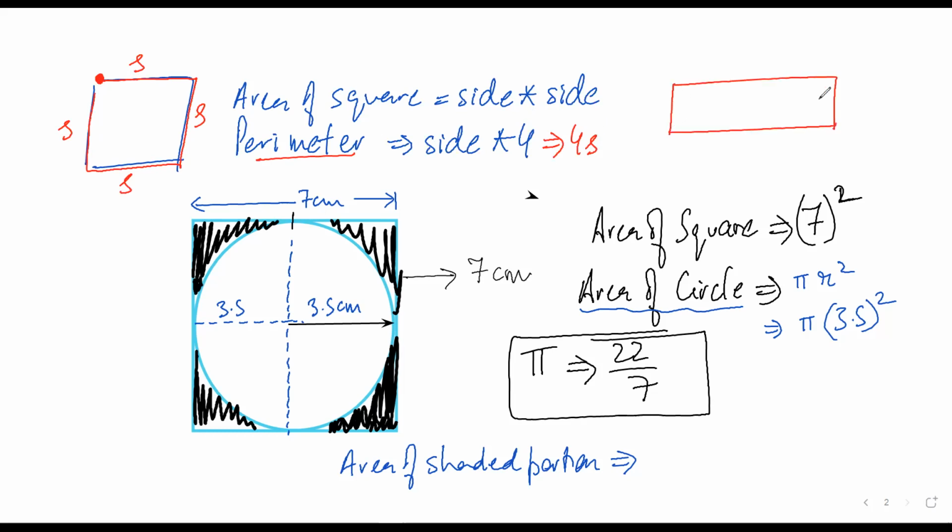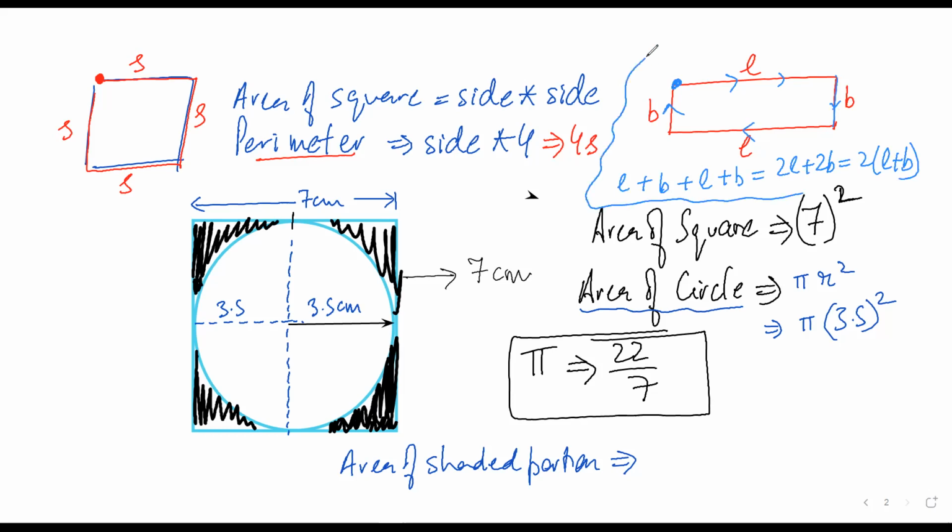If this was a rectangle, then this would be L, this would be B, this would be L, this would be B. Again, to find the perimeter, I start from here, go here, this is L, then add B, then add L, then again B. This will be equal to 2L plus 2B, which is equal to twice of L plus B. This is the perimeter of a rectangle. Any doubt? No, sir.